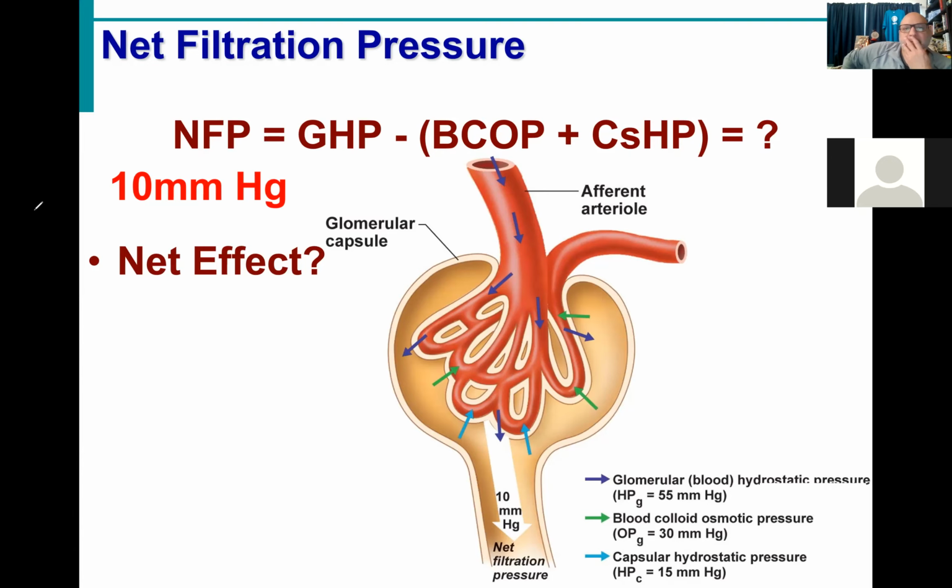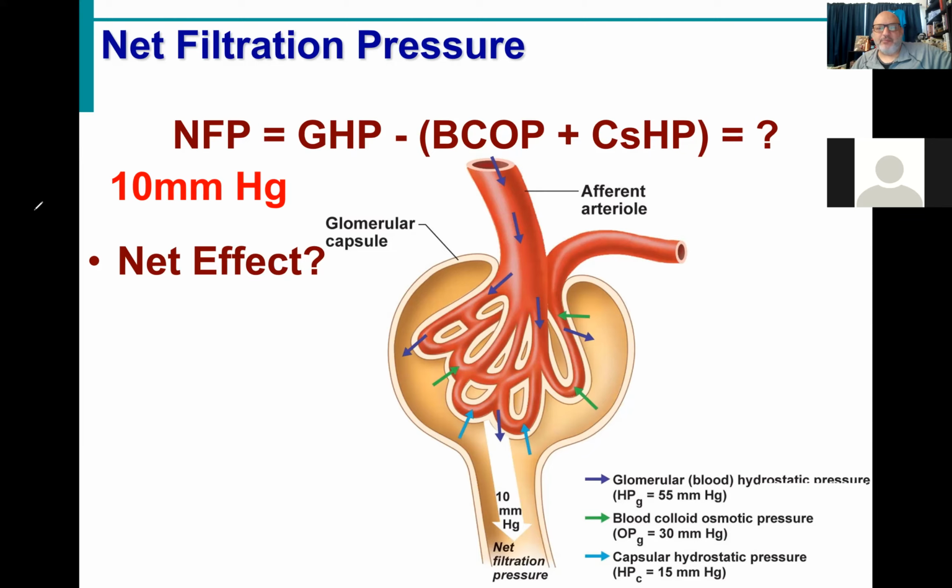All right, let me ask you a quick question. If I go from laying down to standing up and my systemic blood pressure drops 5 millimeters of mercury, is there a dramatic change in how blood is going to be pushed through my body from the tip of my toes to the top of my head?